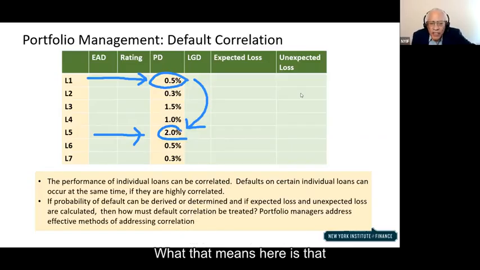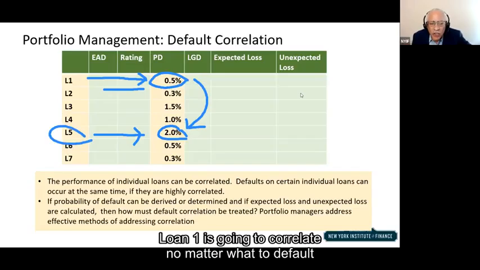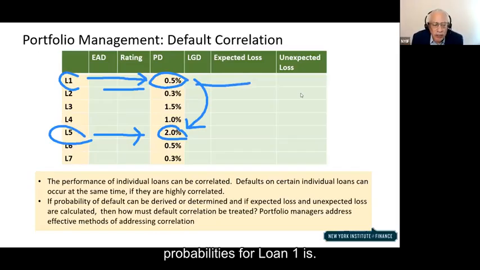What that means here is that they have independent probabilities, 0.5% and 2.0%. If they're 100% correlated, that means that if loan 5 defaults, loan 1 is going to default also, no matter what the default probability for loan 1 is.